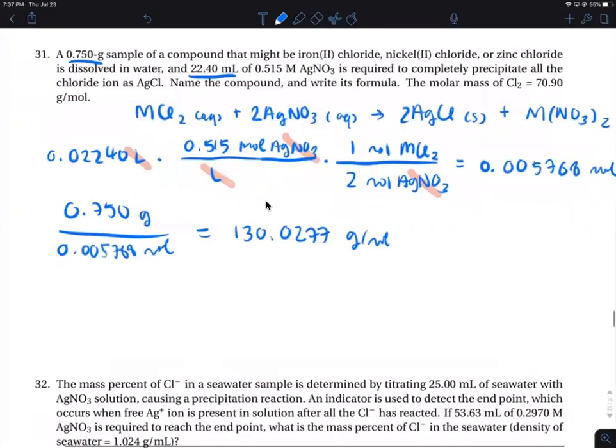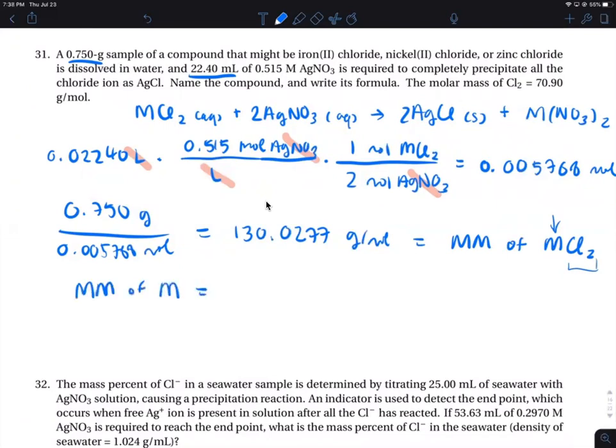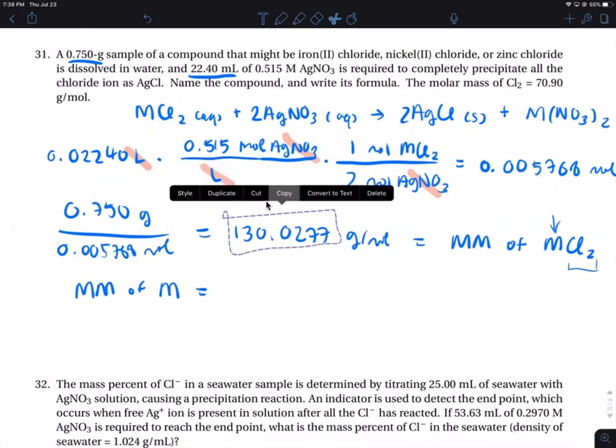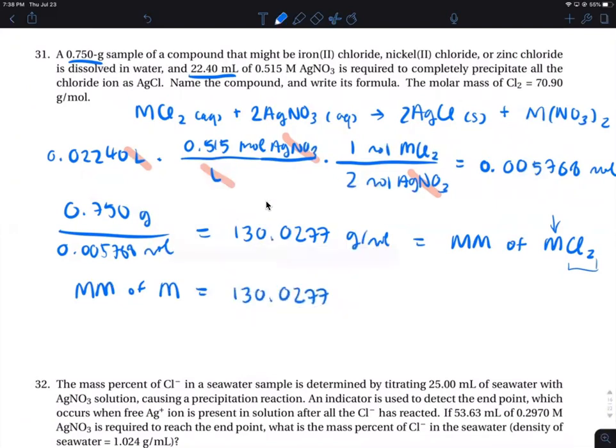So if this is the molar mass of MCl2, we can find the molar mass of M just by subtracting the mass of Cl2. So it's just going to be this minus the molar mass of Cl2, which is 70.90.